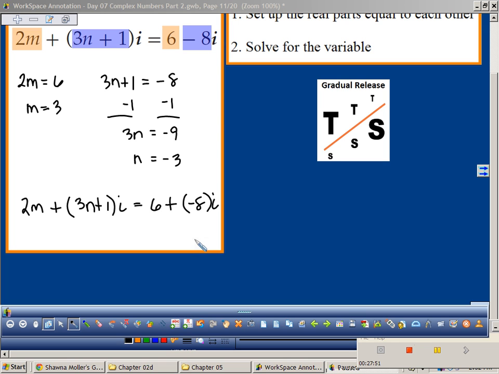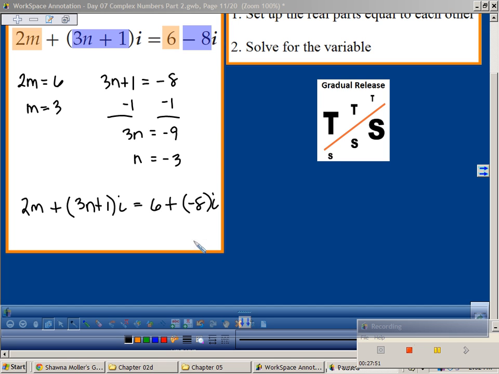The i's cancel one cause and one negative. Quiet down, please. The reason the i's cancel is this. If you were to divide both sides by i, what would happen? They would cancel.